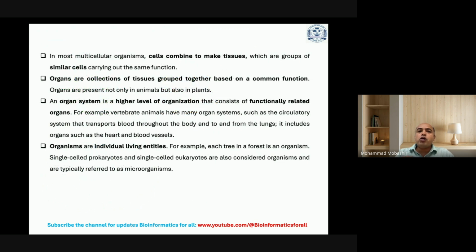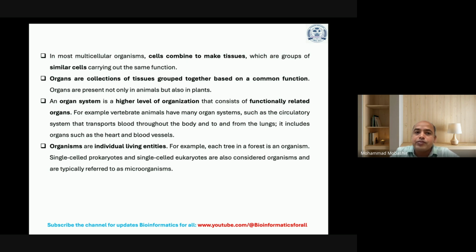Now, in most multicellular organisms, cells combine to make tissues, which are groups of similar cells carrying out the same function. Organs are collections of tissues grouped together based on a common function. And organs are present not only in animals but also in plants.